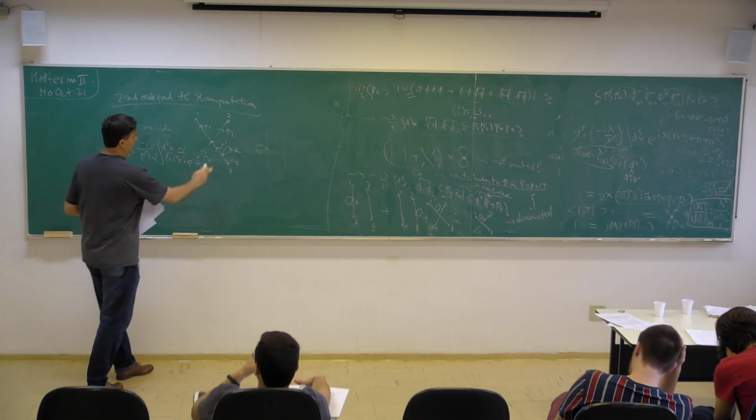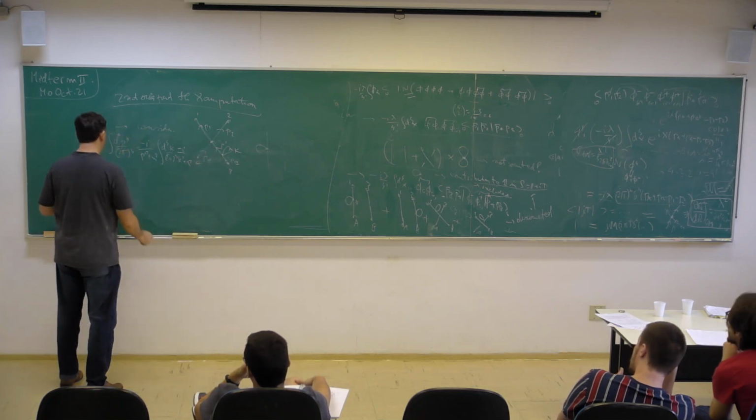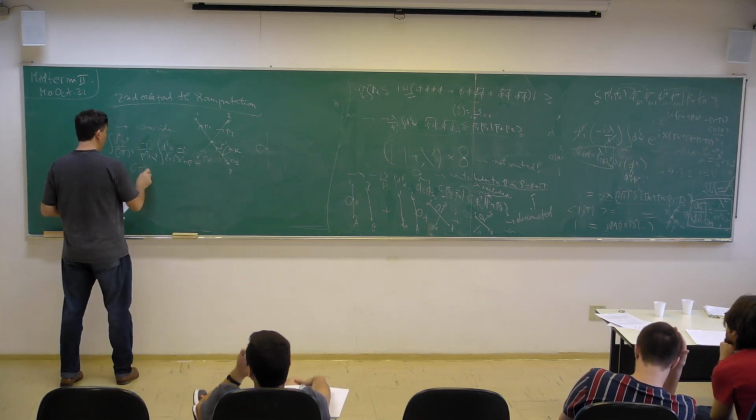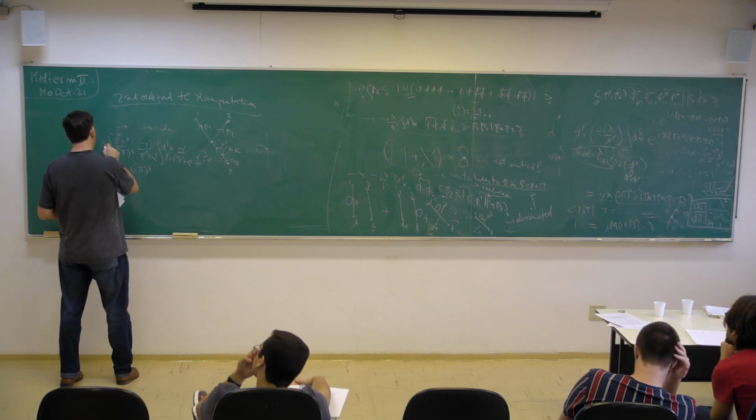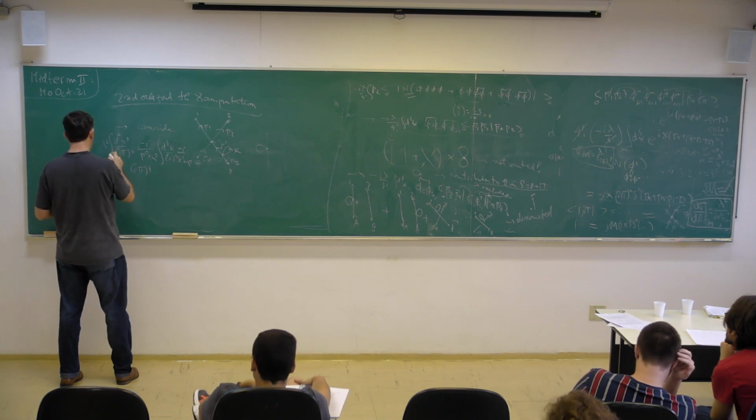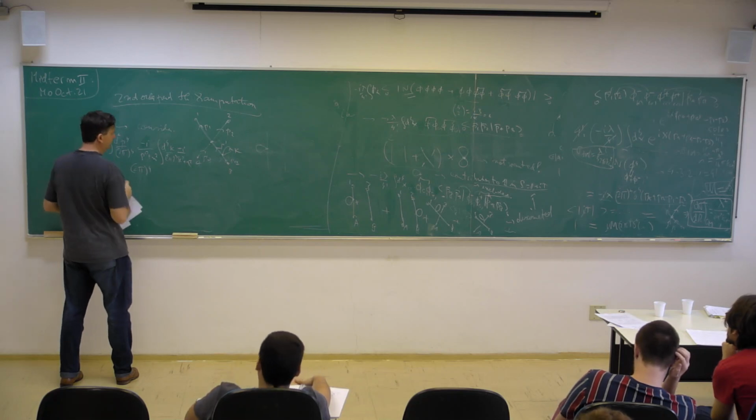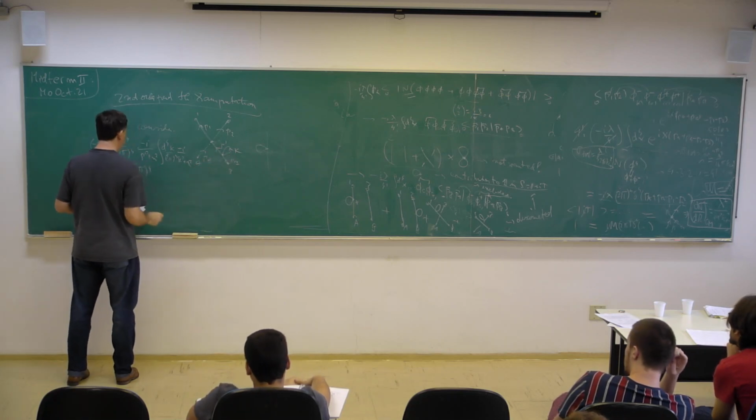And then from the two vertices, I would have two factors, minus i lambda squared, and 1 over 2 from the symmetry factor.